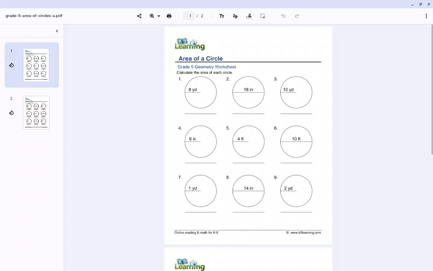So once again, we're going to start with pi, or 3.14, times our radius is 10, times our radius is 10. Go ahead and punch that in your calculator. And hopefully you got 314, and you would label it yards squared.